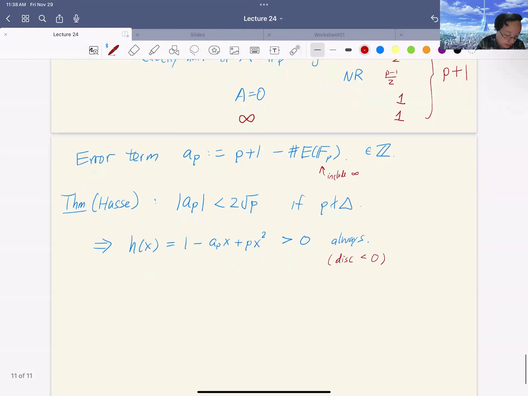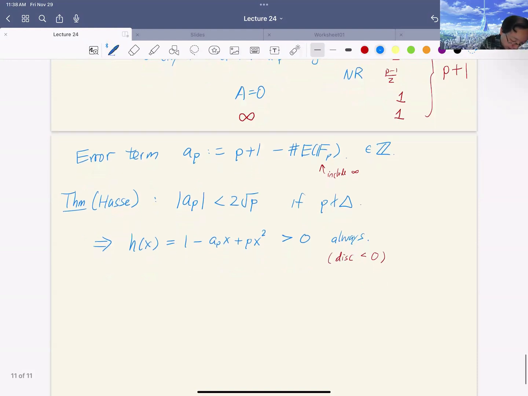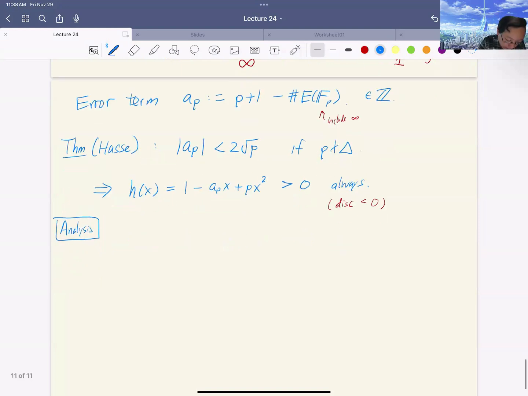And so with this, we now jump to analysis. Because now for each good prime, I have a positive expression, so we can create a function out of this. This is the L-function of an elliptic curve over the rational numbers.